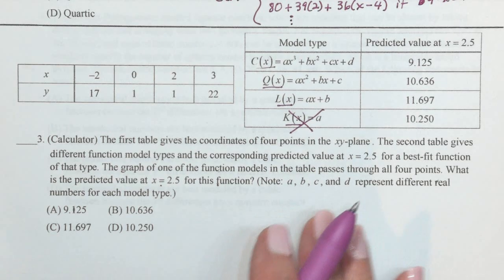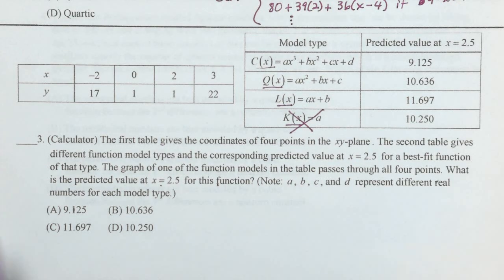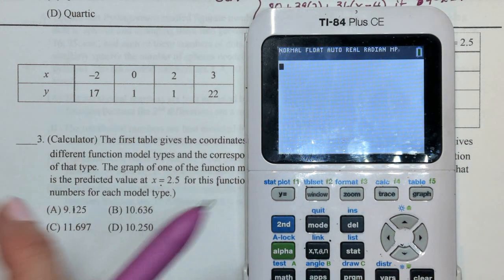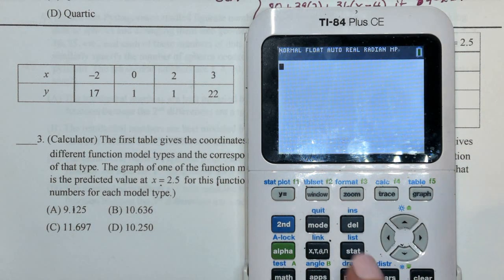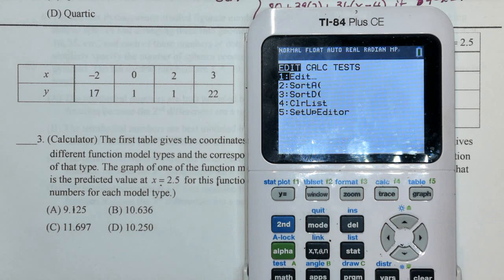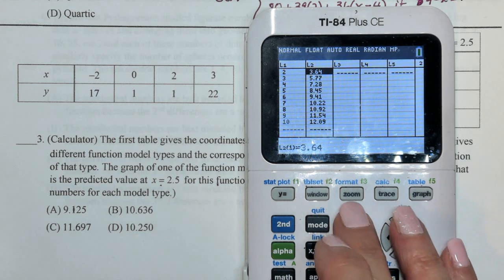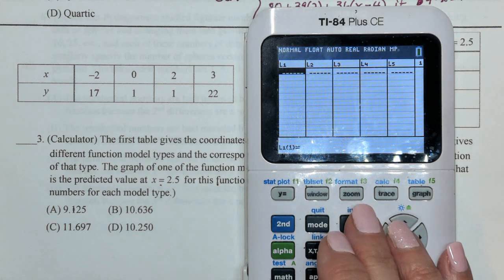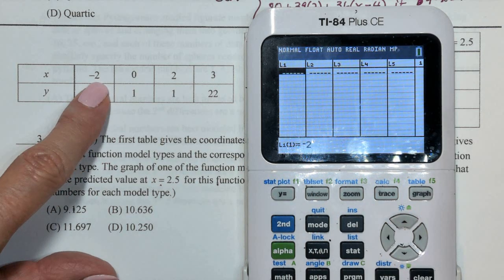Okay, so let's do an analysis on this function. So I'm going to pull out my calculator. I'm going to type in these 4 points in for my lists. So stat, edit, I'm going to clear out what's there and insert my new x values.